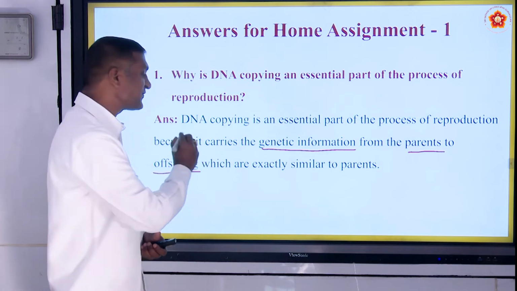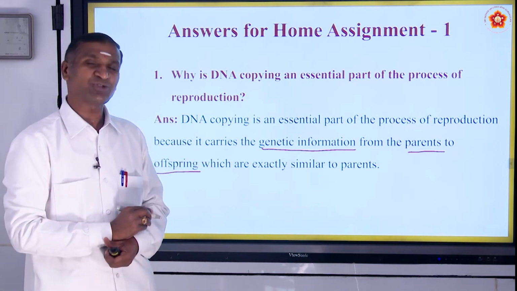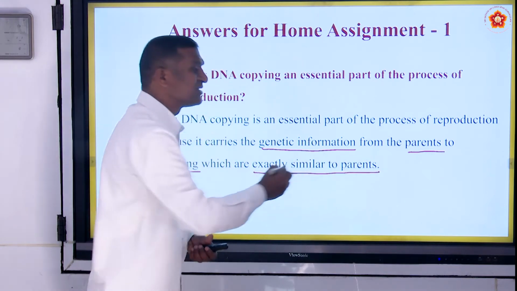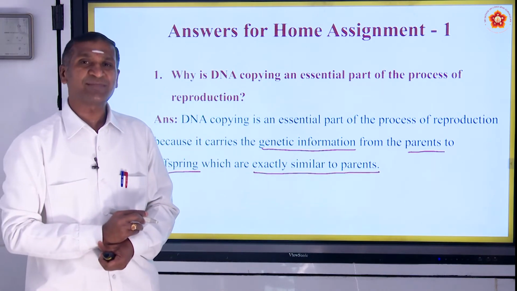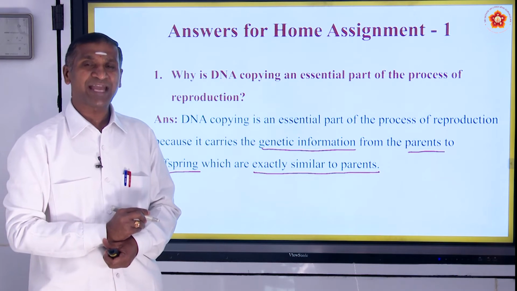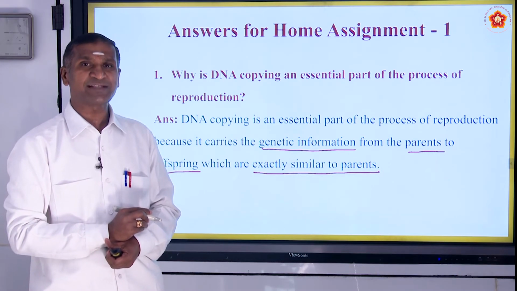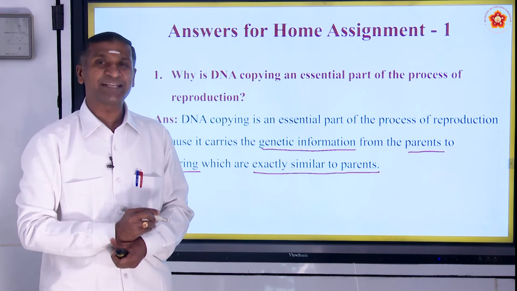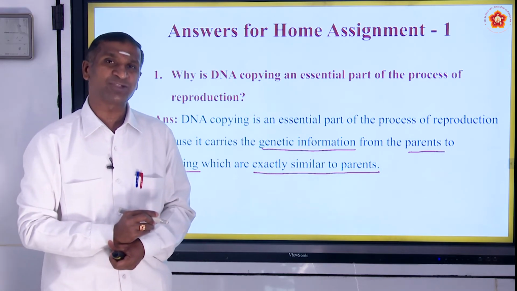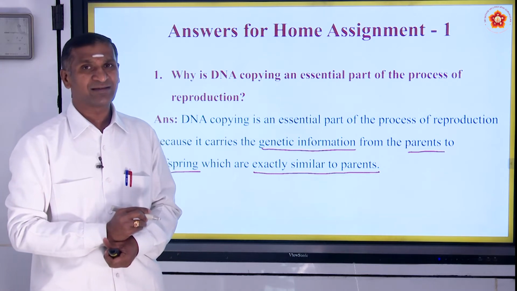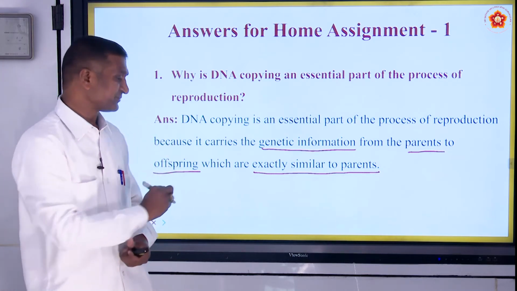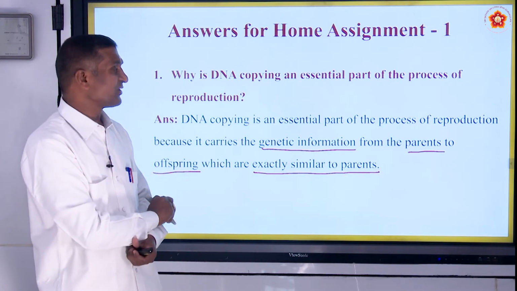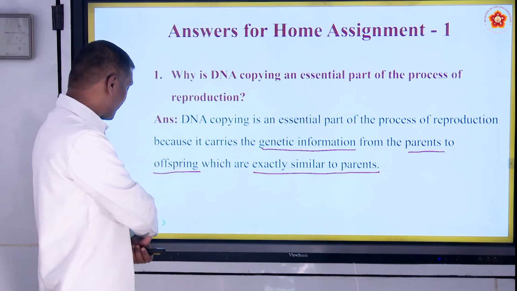It carries it to its offspring or daughter cells or children, which are exactly similar to the parents. So the similarities carried from parents to offspring are mainly due to DNA copying or DNA replication, which divides into two equal parts. It is the most essential part of the process of reproduction.